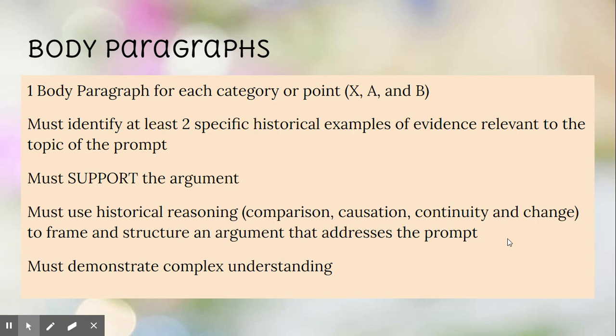Now that sounds kind of simple, but it's actually a little bit difficult. It's a little hard to explain, and it's also a hard point to get. Again, we'll see the rubric in a moment, and you'll know what I'm talking about. But one of the points on the AP exam essay comes from what they call complex understanding. And there's lots of different ways that you can demonstrate that.